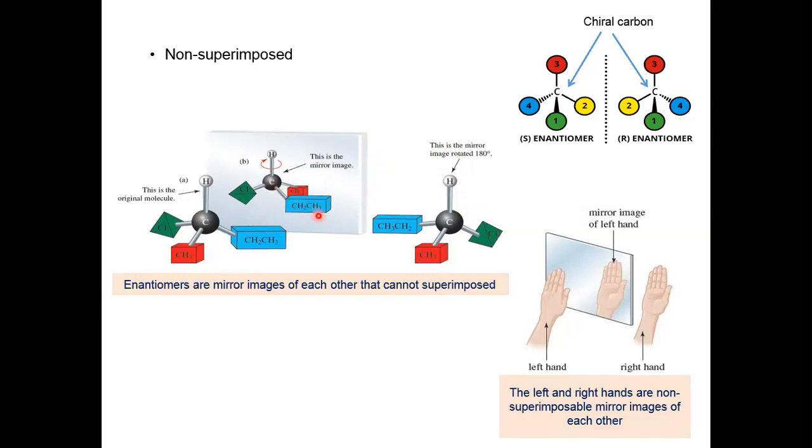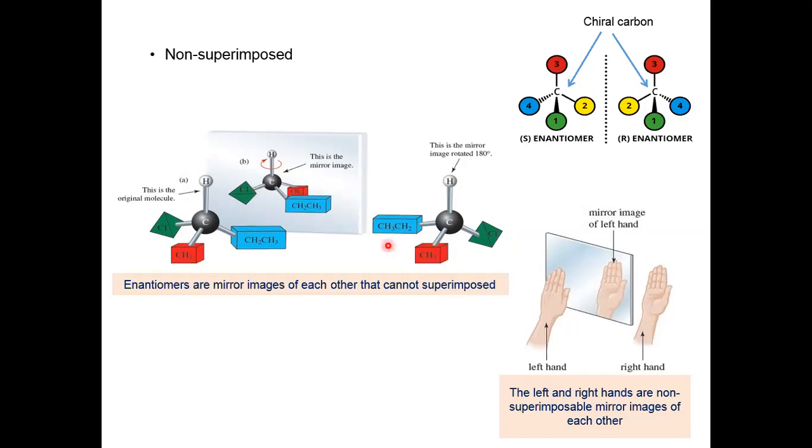So at the original position, the ethyl group is on the right side. This one is at the front, our front view. This is our back view. Okay, so when you rotate this image 180, meaning we rotate it along a straight line, the ethyl group will be on the left side. So the methyl group will be up front.